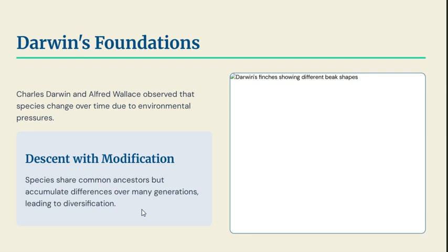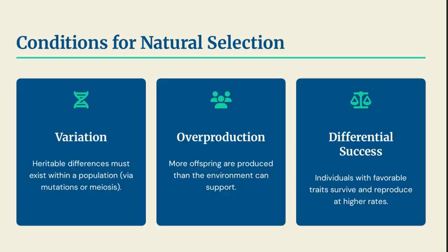Let's say they were eating nuts on the island, but the only way to crack them open was to have a sharp beak. Or let's say they were trying to eat worms out of a tree and they can only eat them with small beaks. So only those finches that have those specific traits would survive. And that's called natural selection.